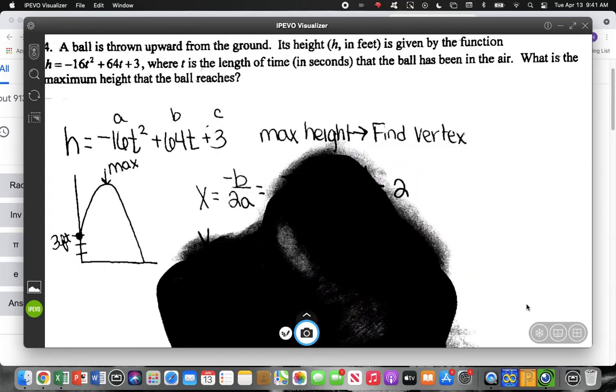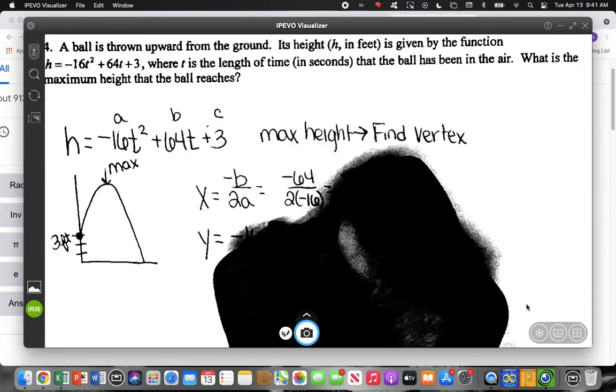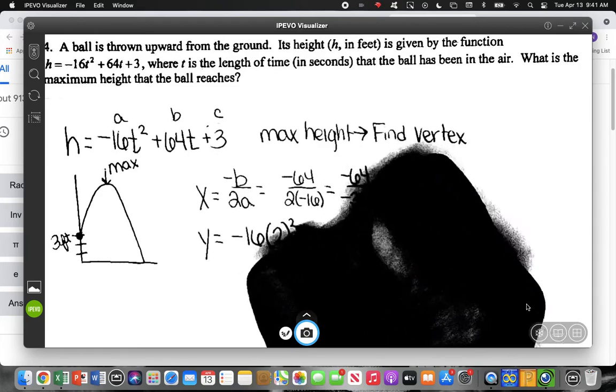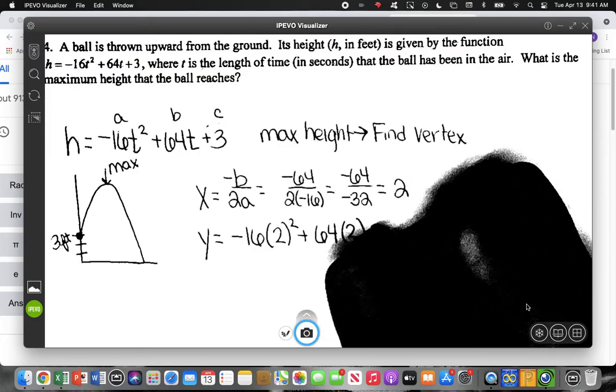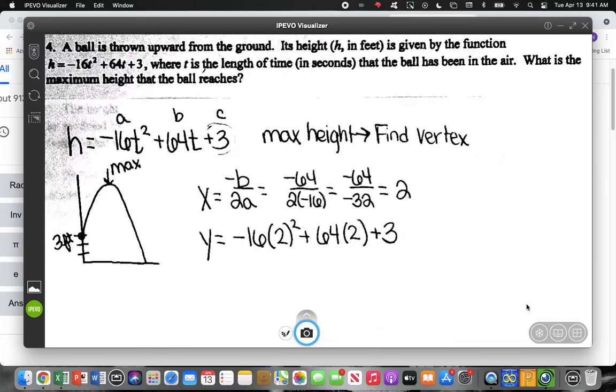And so then the y-coordinate, we're going to plug that in. You can do this by hand, but do you think I care if you go to your calculator and just type this in?